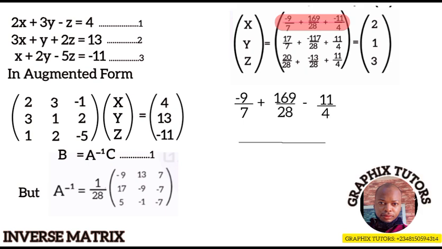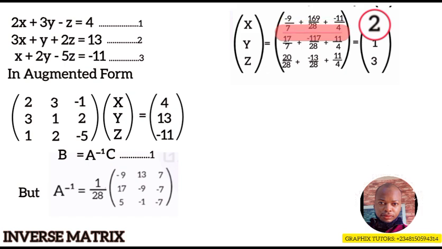The LCM is 28. 7 into 28 is 4, 4 times minus 9 is minus 36. 28 into 28 is 1, 1 times 169 is 169. 4 into 28 is 7, 7 times 11 is 77, so we have minus 77. So minus 36 plus 169 minus 77 will give us 56 over 28, and that gives us 2. That is for my x.